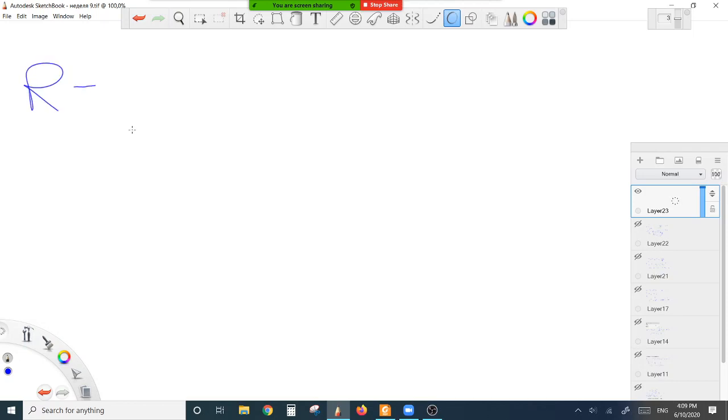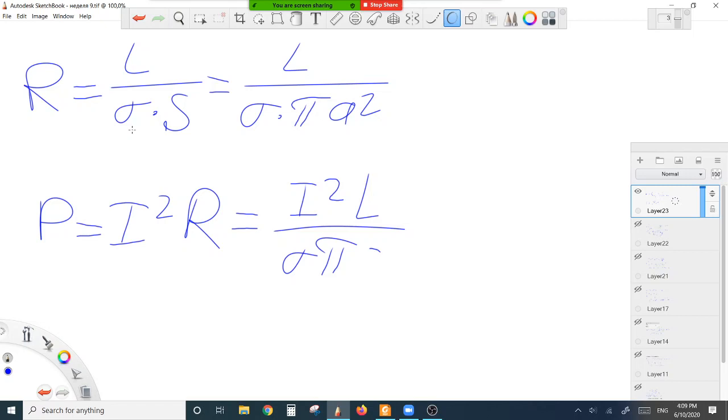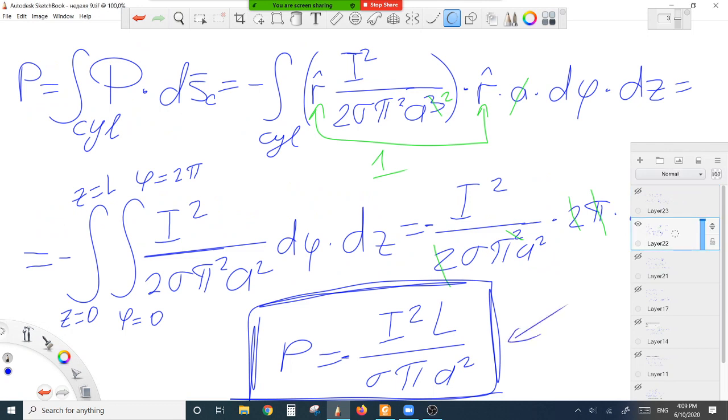The resistance of the conductor is equal to L over conductivity multiplied by S, where S is equal to pi a squared, and power loss is equal to I squared multiplied by R, which is equal to I squared L over sigma pi a squared, which is the same result as we get here.